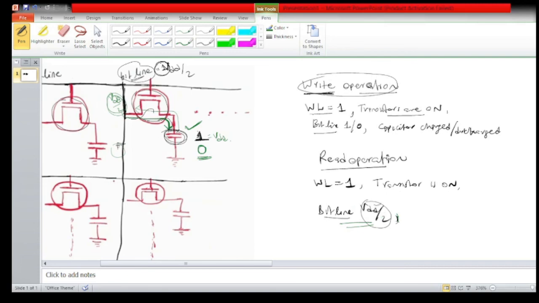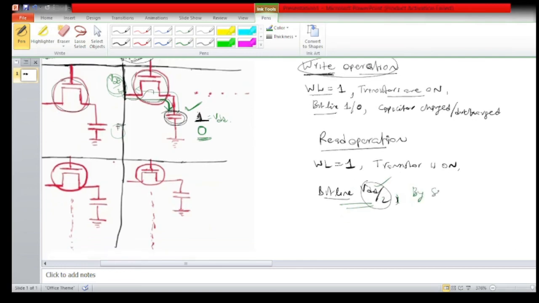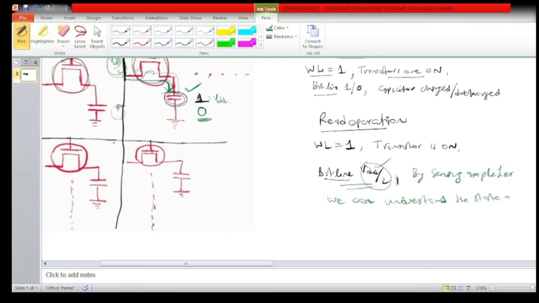So the bit line we are considering as VDD by 2, and then by the sensing amplifier we can understand the state of the capacitor. The state of the capacitor is the same as the stored data, whether it is 1 or 0. So that is the read operation.